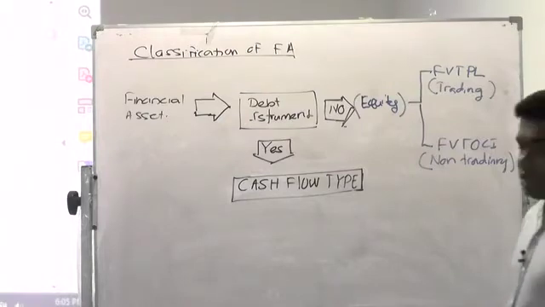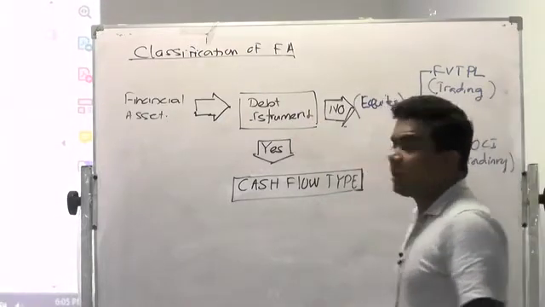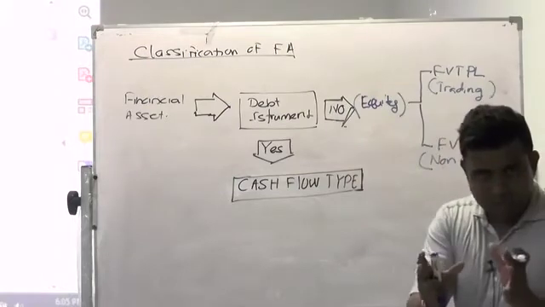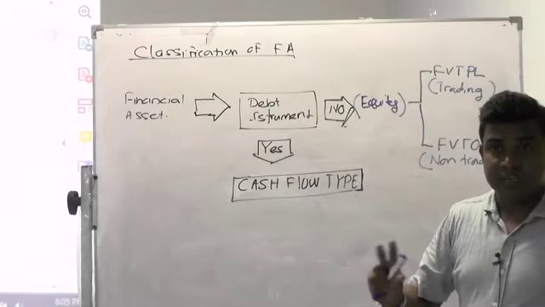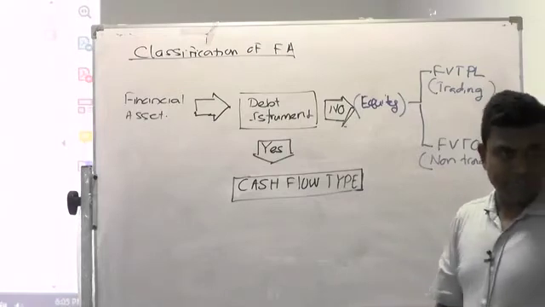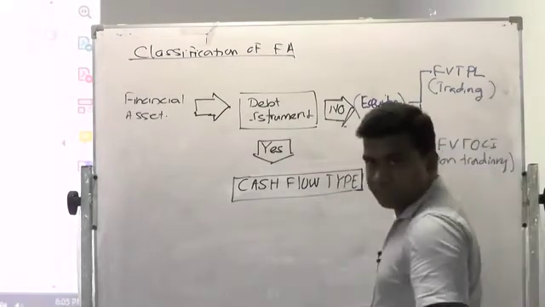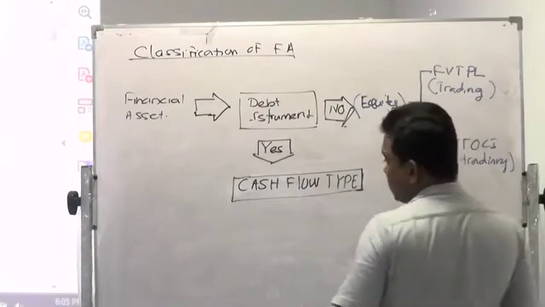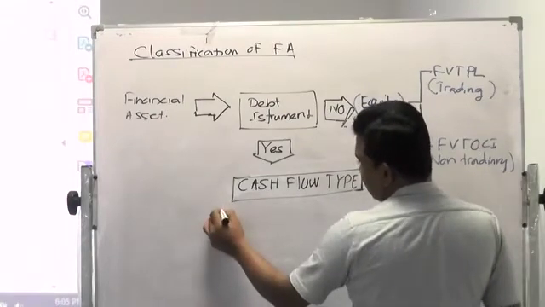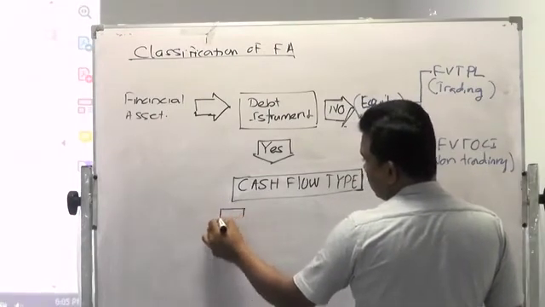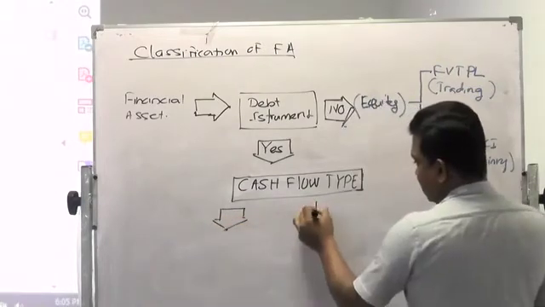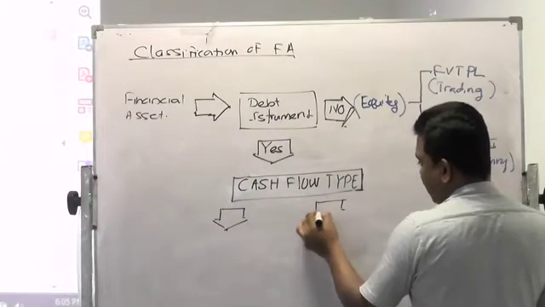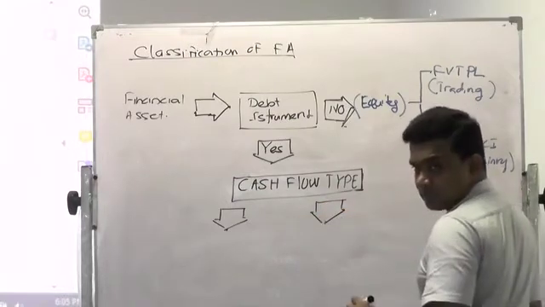Clear? Now, which type of investment are we talking about? Investment in another entity's ordinary shares or debt instrument? Debt instruments. Is it clear? Which cash flows are you expecting? Your cash flow expectations can be divided into two categories.